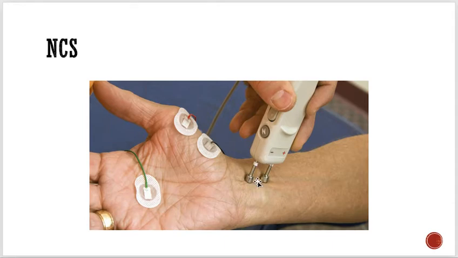This nerve will send the electrical stimulus over here, and here they are going to record the electrical activity. They check the electrical activity, the distance between the electrodes, and the time taken for the impulses to travel from here to here.